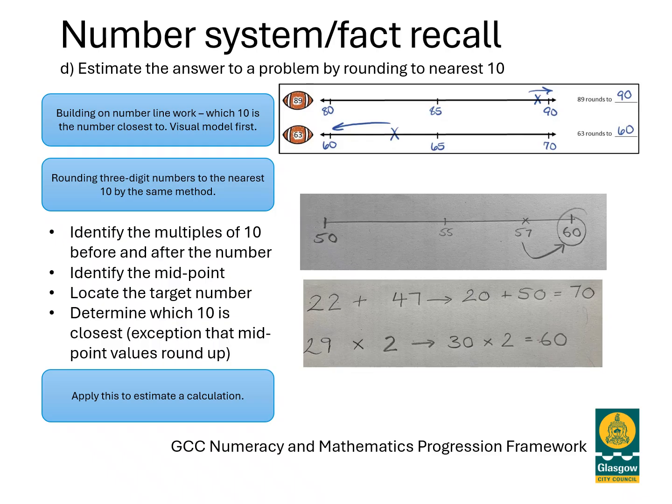Okay? When that's secure, we can use our rounding skills then to make estimates of calculations. That's best taught during calculation lessons, because the whole purpose is to give the pupil a strategy which helps them know what approximate answer they're expecting. So by estimating something before we work out the exact answer to a calculation, pupils can be confident about the reasonableness of their answer.